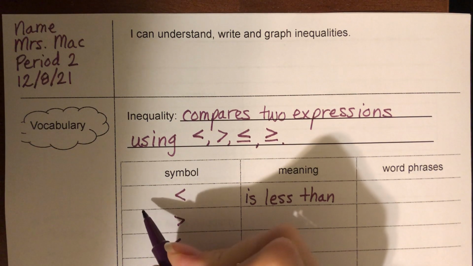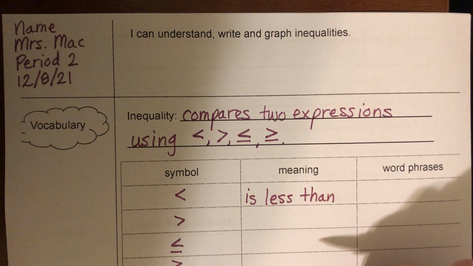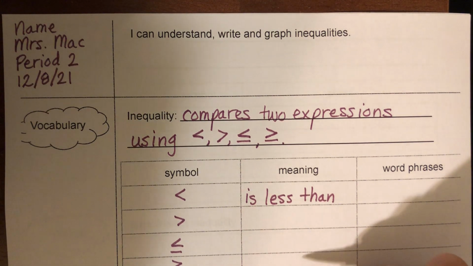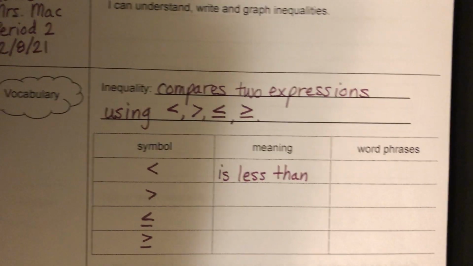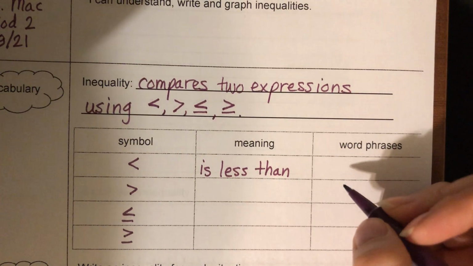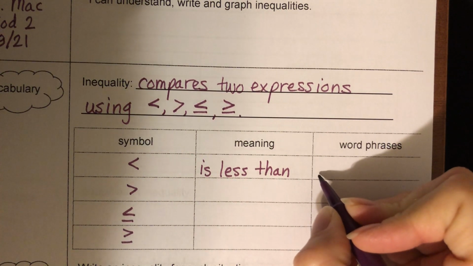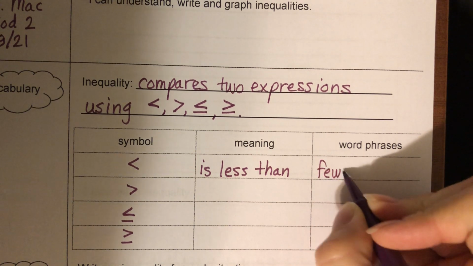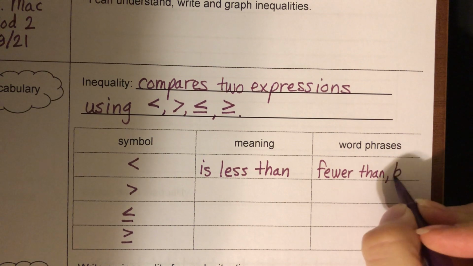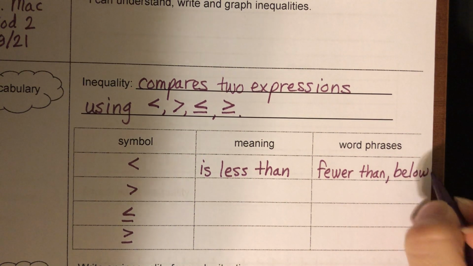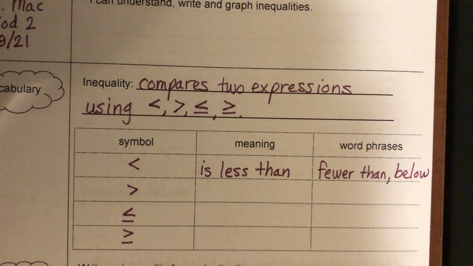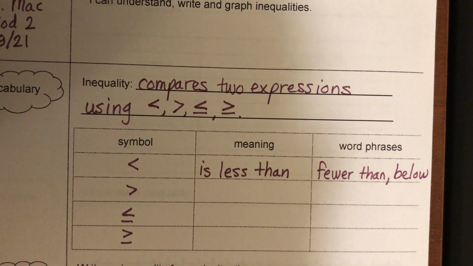So we would say whatever is over here is less than whatever is over here. And some common phrases that you'll see when you're dealing with less than are fewer than or below. If you see those keywords, you're probably dealing with less than, and that's the symbol that you would use.